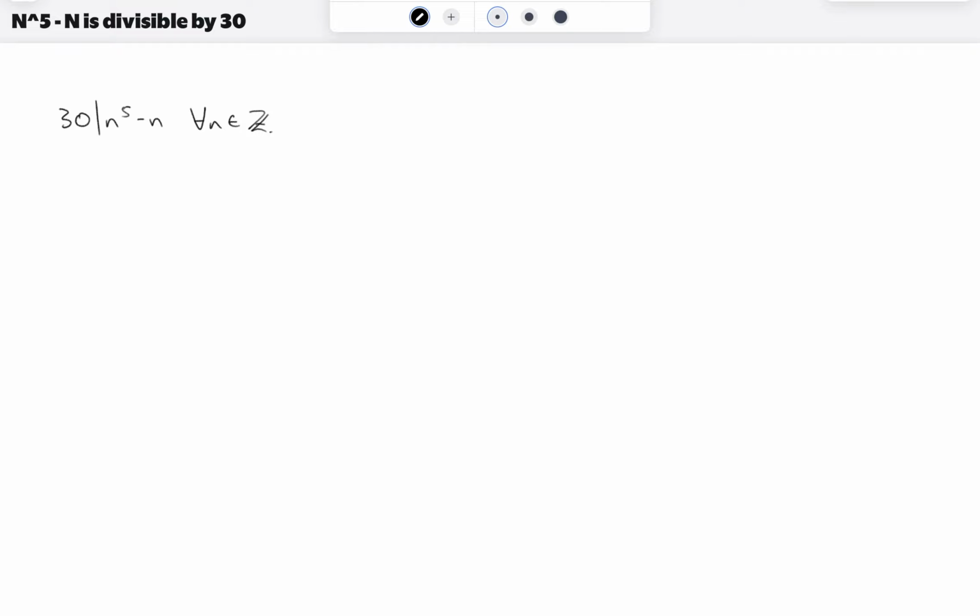Well, let's start by taking a factor out. So we could rewrite n to the 5 minus n as n times n to the 4 minus 1. And we could factor this further as n times n squared plus 1 times n squared minus 1.